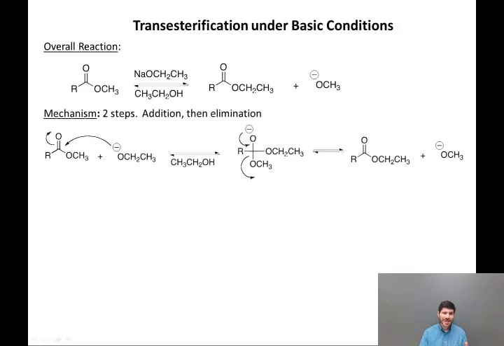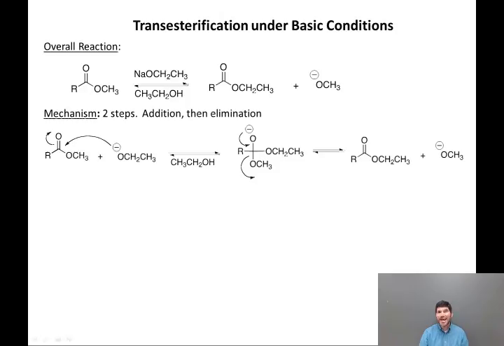Okay, so in the first step, the ethoxide comes in, attacks the carbonyl carbon, needs two arrows, one to form the bond from the oxygen to the carbon, and then the other arrow to break the C=O pi bond and put those electrons onto the oxygen.